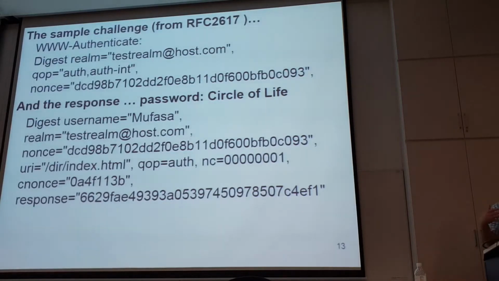We also don't simply hash them. We combine the username and password with other content, including the nonce, the page you want to visit, and a sequence number. You put all this information into the hash, and then you get the response.